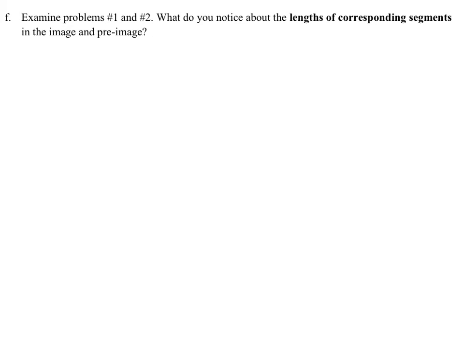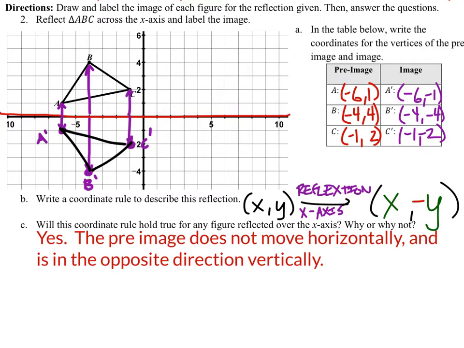So once again, just take a moment and look back at problems 1 and 2. What do you notice about the lengths of the corresponding segments? So you could look at example 1. This is example 2, and we can see that the lengths of the segments are going to be exactly the same no matter which segment we're considering. So A prime, C prime in green and AC are the same lengths.